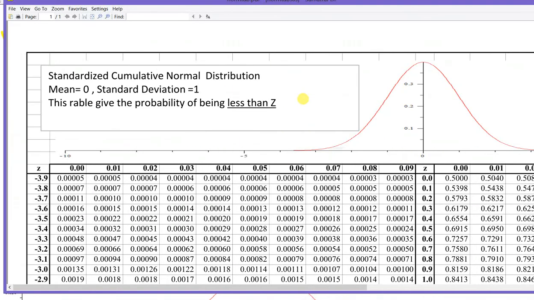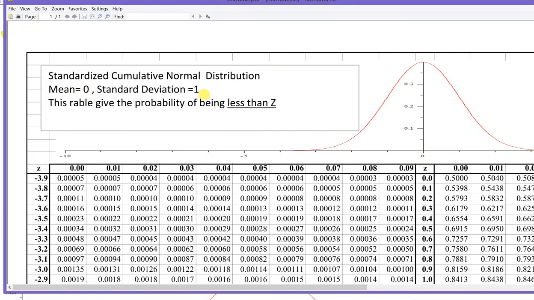So on this table, the z-scores are also the numbers on the x-axis, since the mean is 0 and the standard deviation is 1. Because when you calculate a z-score, you subtract the mean. Well, we're just subtracting 0, and then we divide by the standard deviation, which is 1, and that doesn't change the numbers. So how do you use this table?